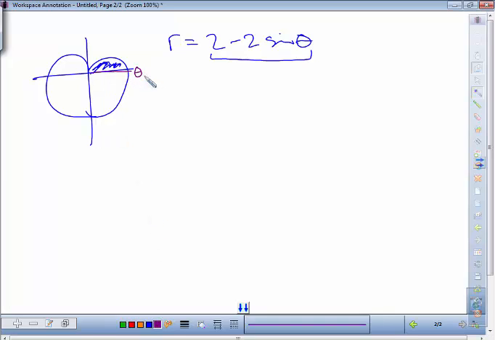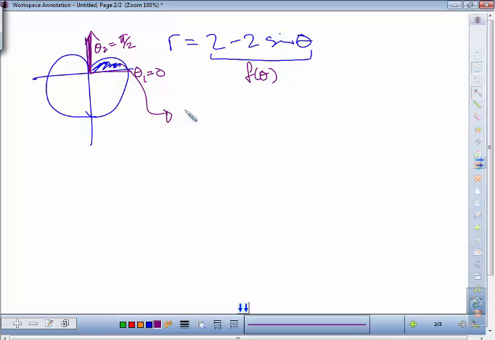So theta 1 is going to be equal to 0. That's your starting point, and theta 2 is going to be pi over 2. So those will end up being your limits of integration. You have your f of theta here. You're going to want to square that, and then that's it.